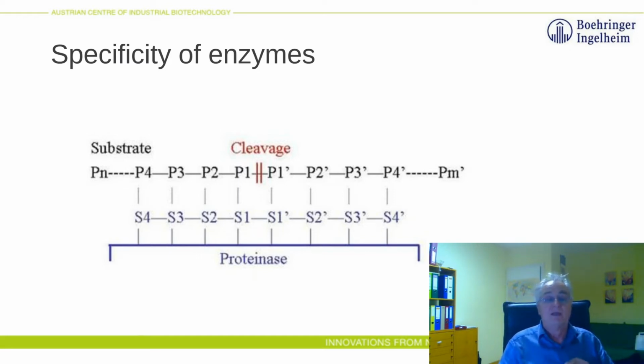When you want to generate a protein with an authentic N-terminus, your proteinase has to cleave between the P1 and the P1 prime side. Otherwise, you would not be able to generate an authentic N-terminus. But a lot of proteases are not specific enough.